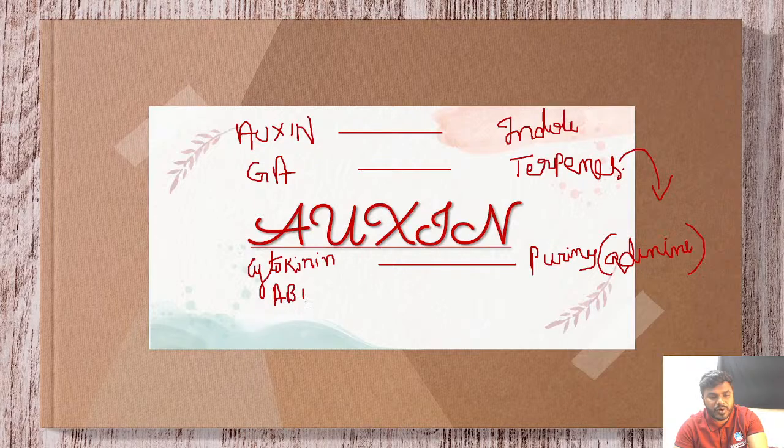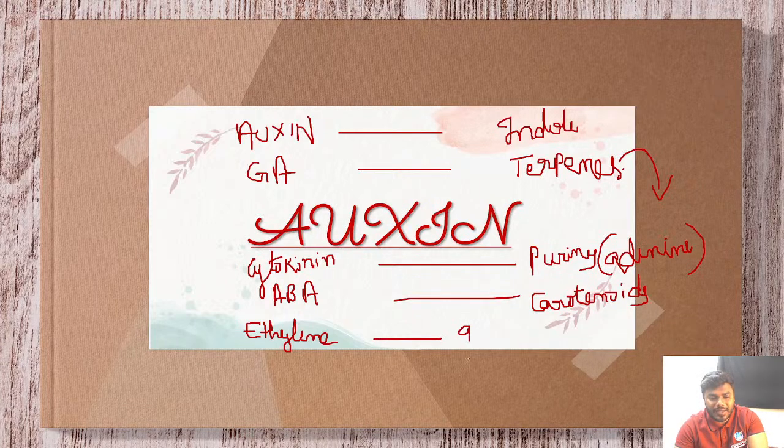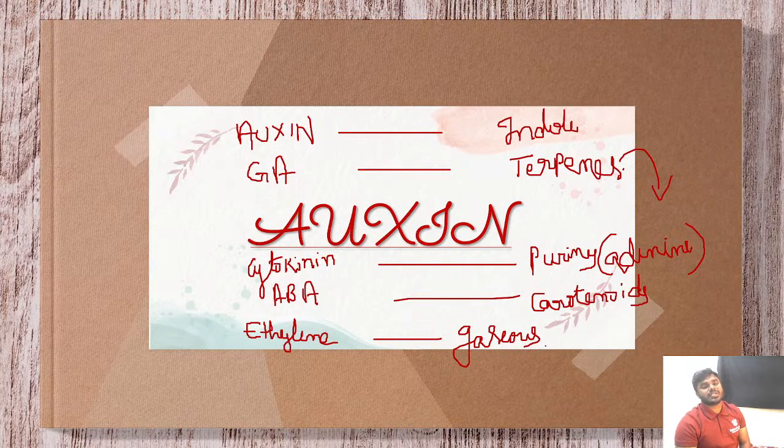Friends, please don't forget, abscisic acid is exclusively derived from the carotenoids. Please don't forget this. Then finally, the one and only hormone in the plant body which is gaseous in nature. What do you call it? Ethylene. Ethylene is the only hormone which is gaseous in nature.